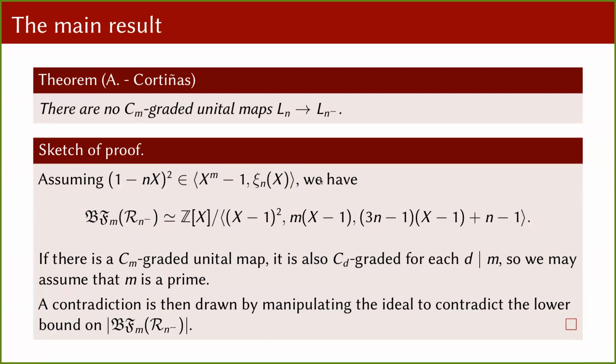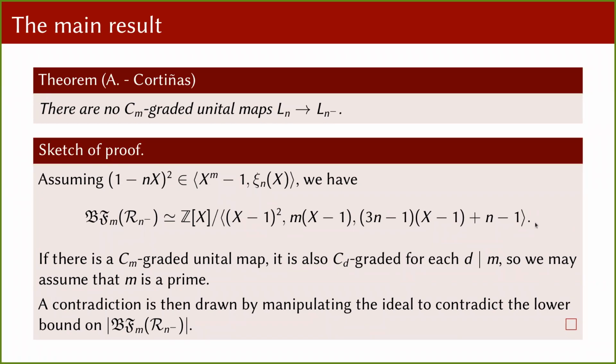Now, the second lemma shows that under these hypotheses, we have a concrete presentation for the ideal that defines the Bowen-Franks Cm-module. And so the Bowen-Franks Cm-modules of R minus are these quotients here.